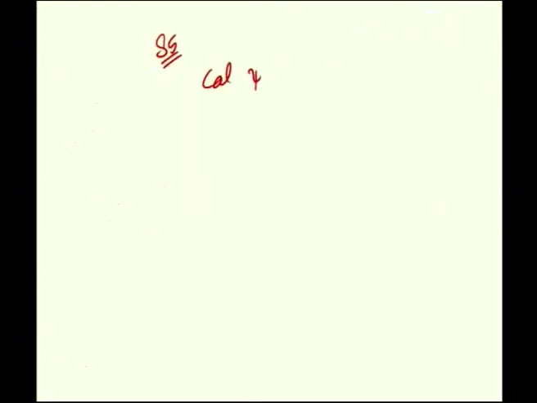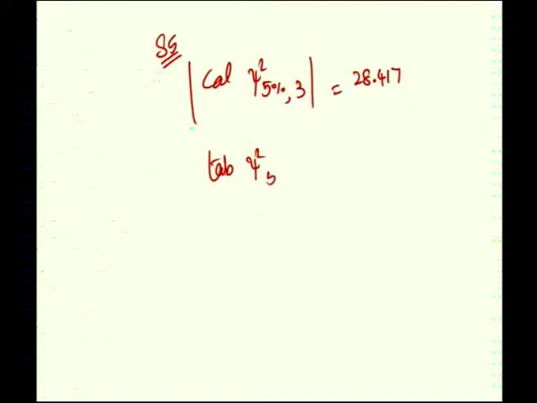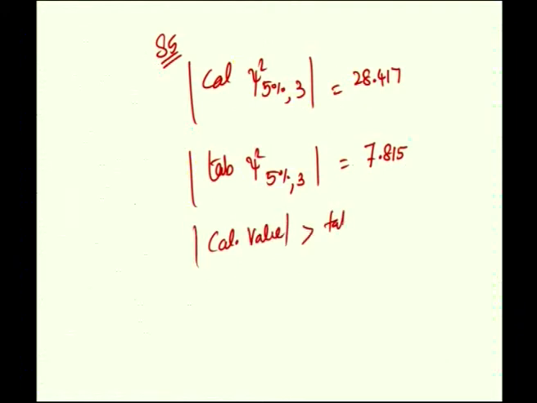So, calculated chi-square at 5%, 3 degrees of freedom is equal to 28.417. Then tabulated chi-square at 5%, 3 degrees of freedom is equal to 7.815. So, calculated value is much greater than tabulated value.